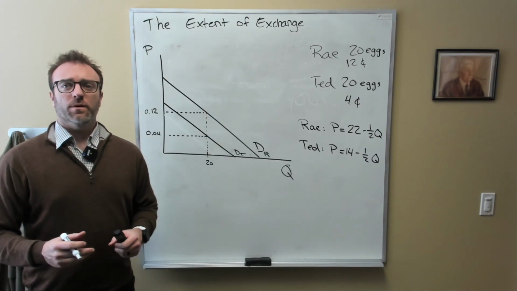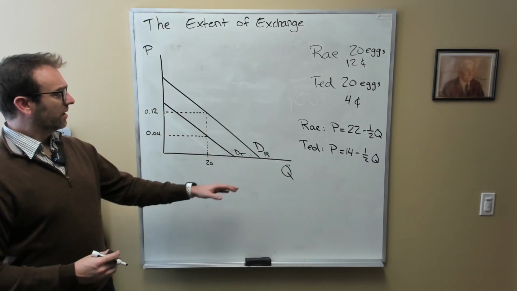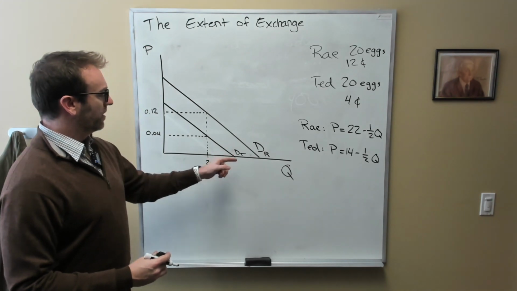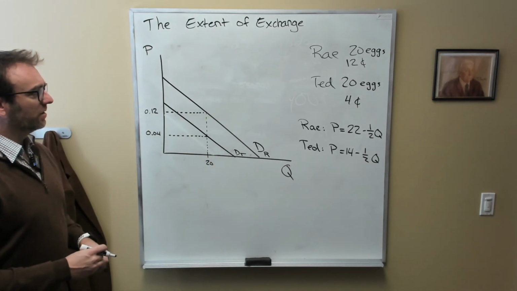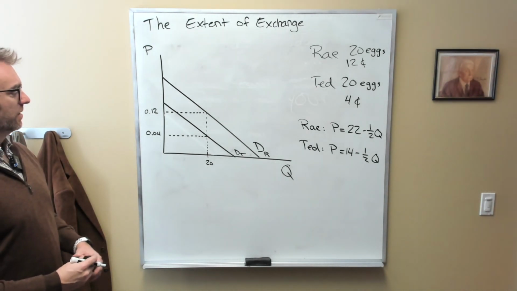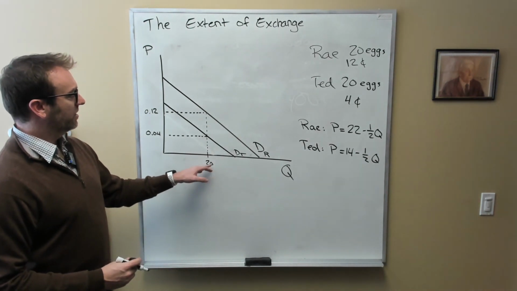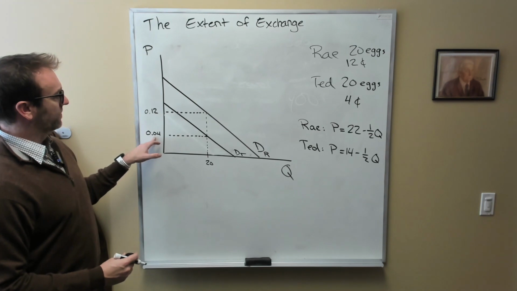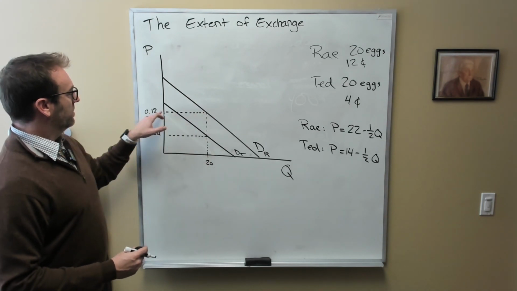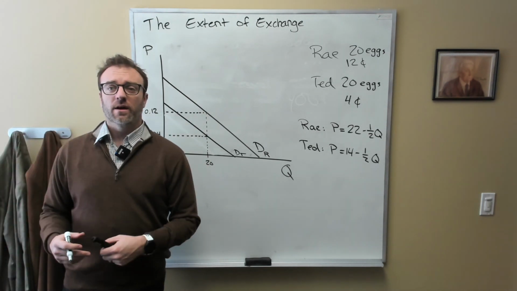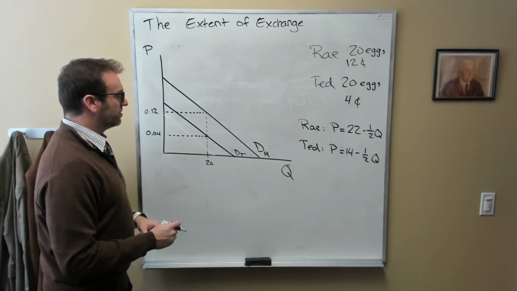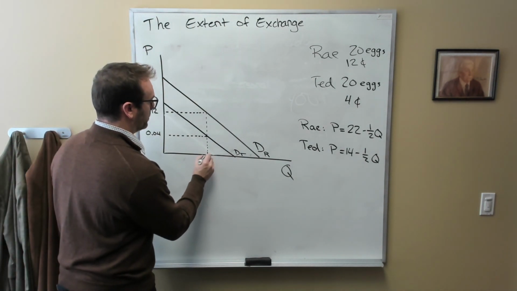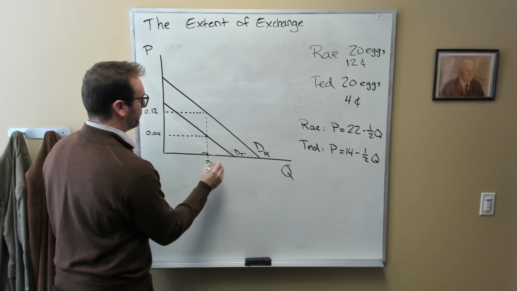Okay, so what I've done here is I've just put a demand curve for Ray and a demand curve for Ted on the board, and I've labeled all the relevant information that we have so far. So right now they both have 20 eggs. Ted values that at 4 cents, and Ray values her egg at 12 cents. Okay? If we were to exchange one egg, we would move this way for Ted, right?